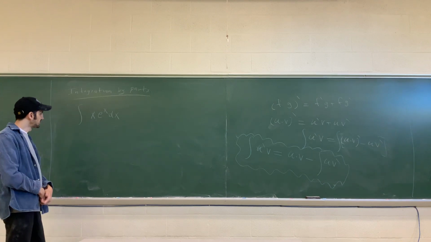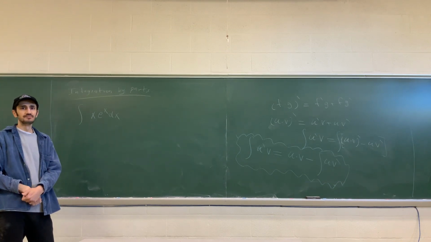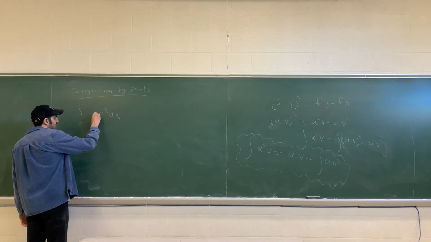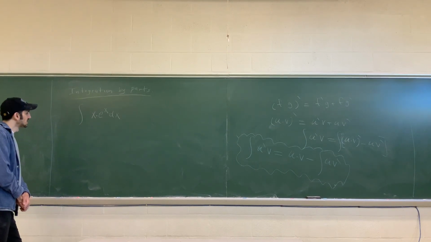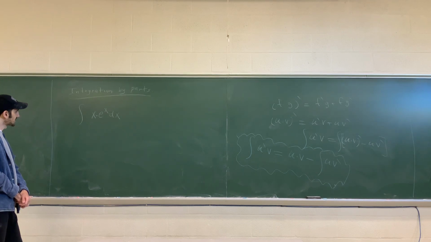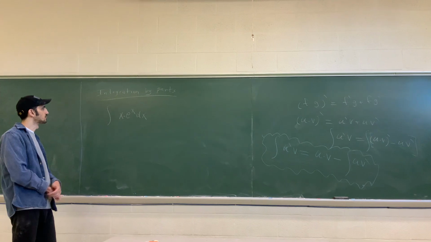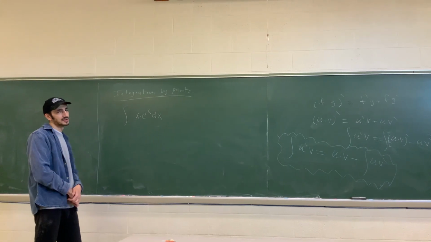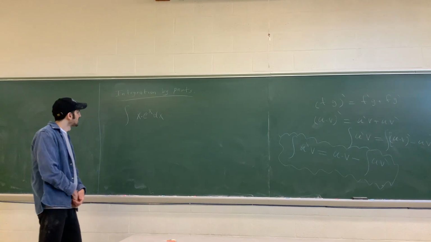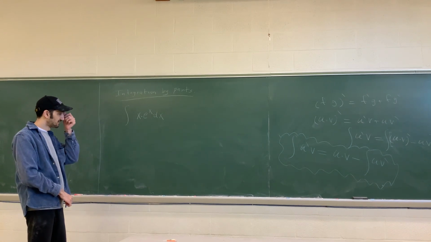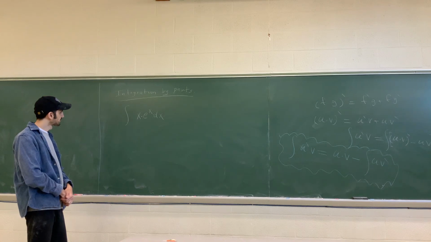I want to find the antiderivative of this function. As you can see, I have a product between this x and this exponential function. The problem is that we don't have a direct answer. If you want to use u substitution, it won't work, and I'm going to leave it to you. Maybe you can give it a try using u substitution. But how can I apply the formula I already have here? So let's take a look.